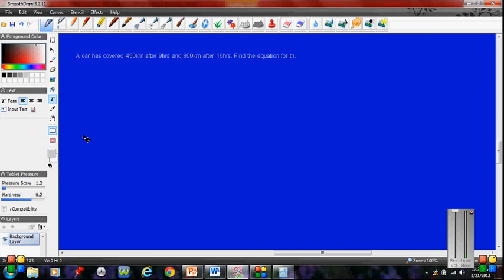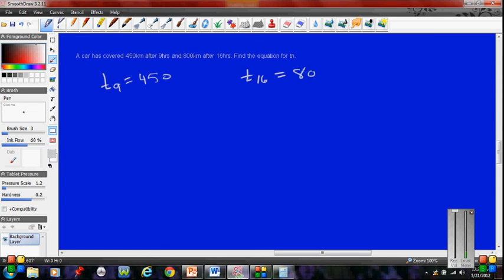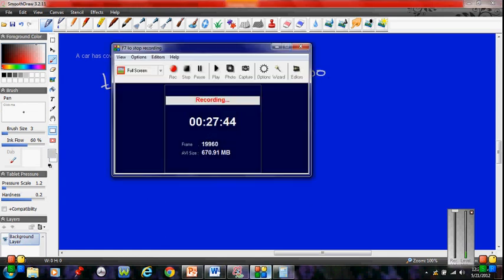So, you know what, let's not even confuse ourselves with that. Let's just write out T9 is equal to 450 and T16 is equal to 800.